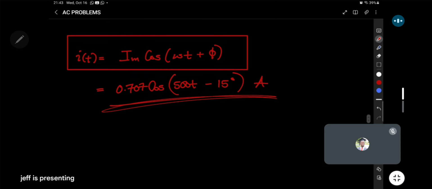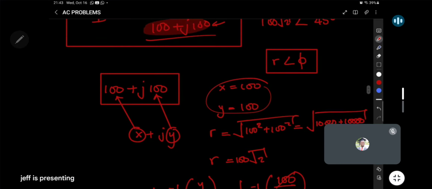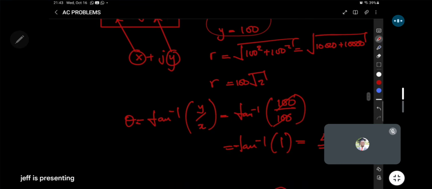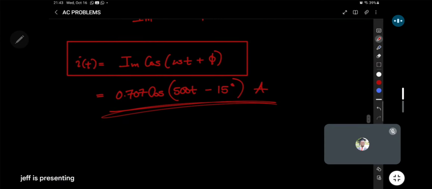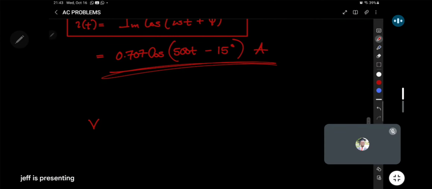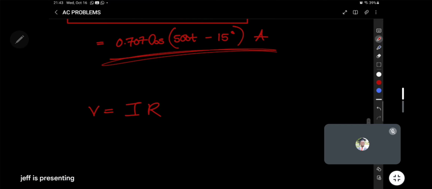Next, the voltage drop across each element. So how do we get the voltage drop across each element? Well, simple. Ohm's law, voltage is equal to current times resistance. But for the other elements like the capacitor and the inductor, we will not necessarily look at this form.